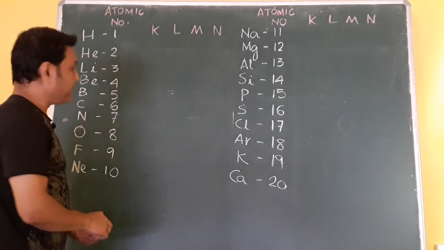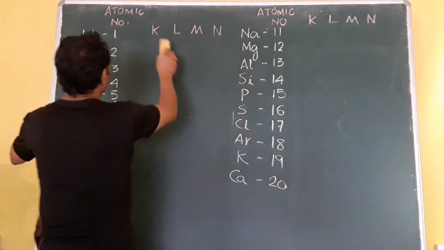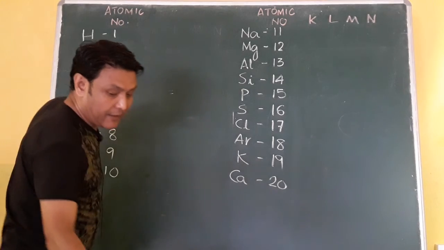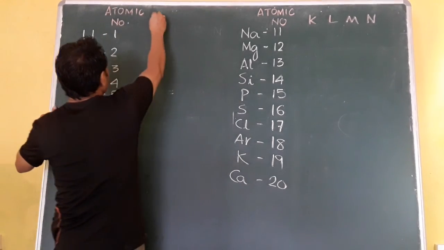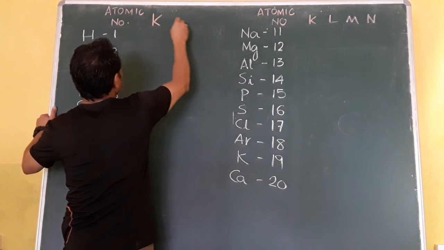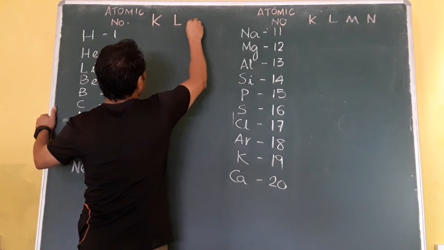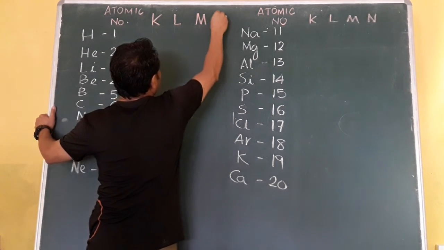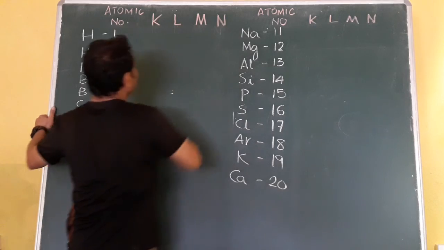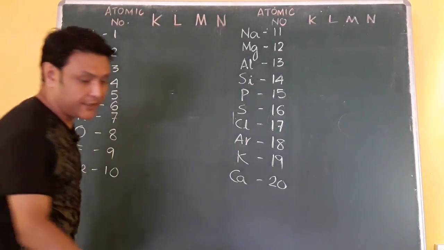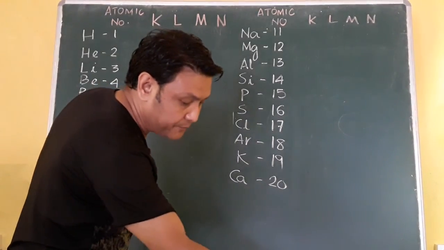Before that, we'll talk about 4 shells, K, L, M and N. There are 4 shells that we study here today.